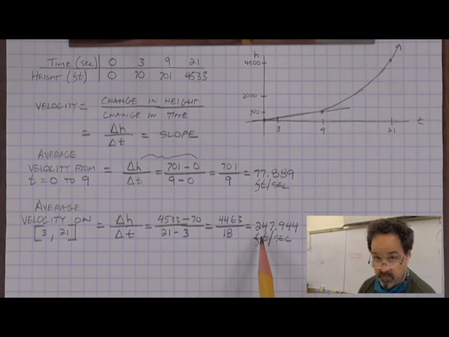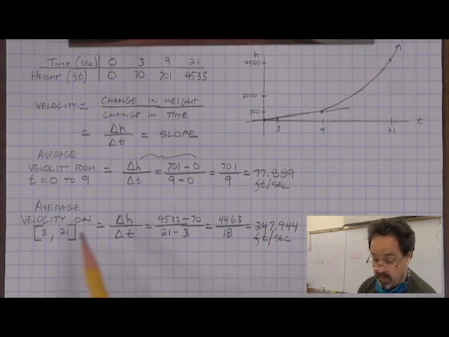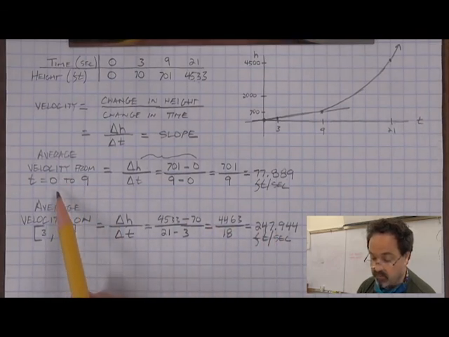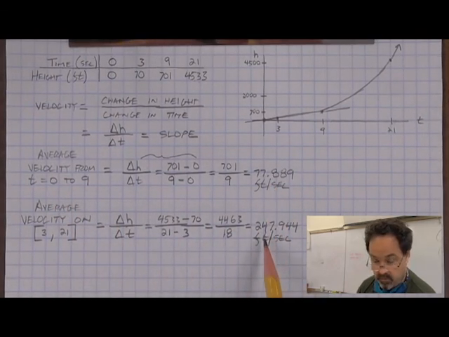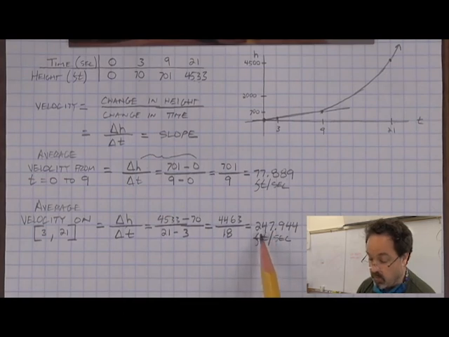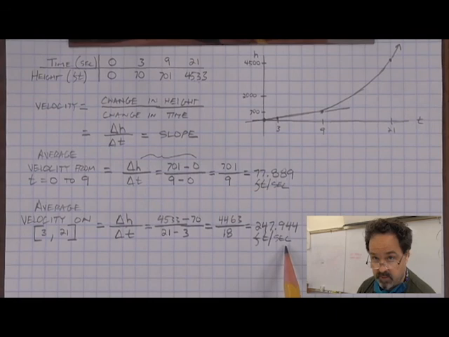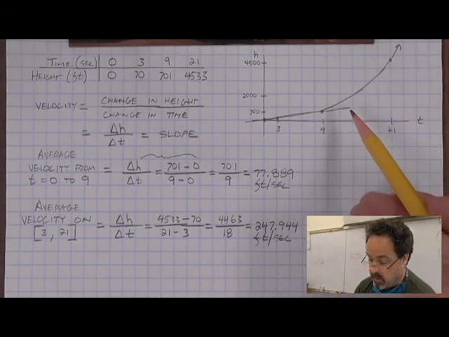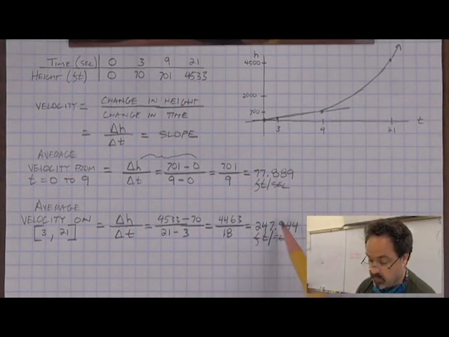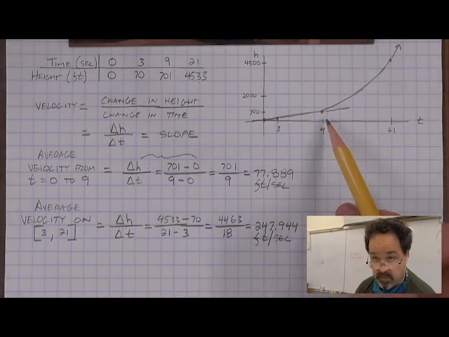This is faster. It's a higher number. The average velocity on this interval is greater than the average velocity on the previous interval. Quite a bit greater. 247, or almost 248 feet per second. Look to our graph. If this velocity is the slope of a line, what line?